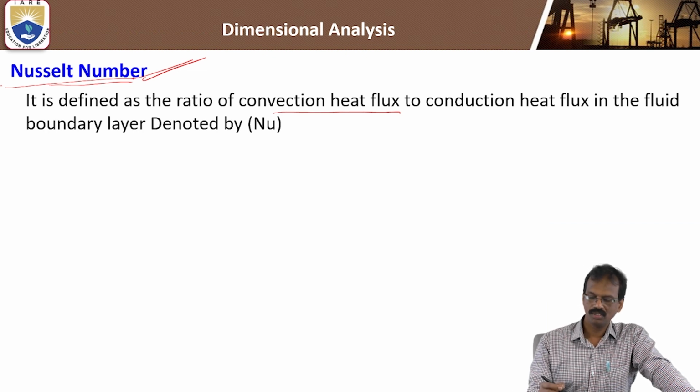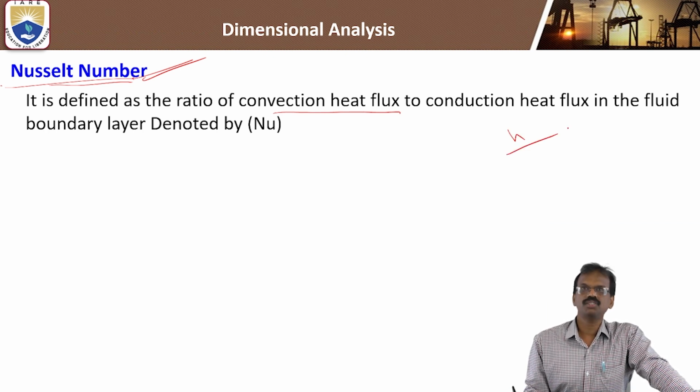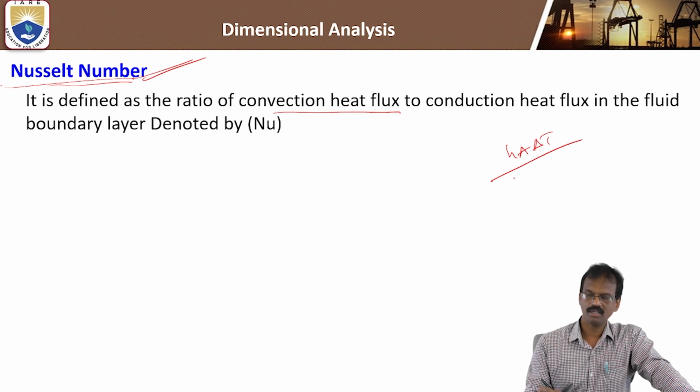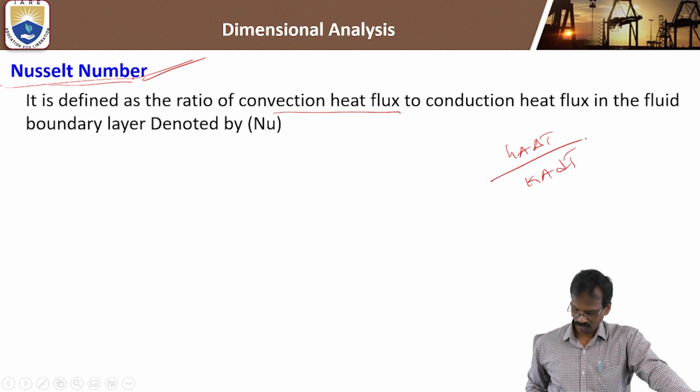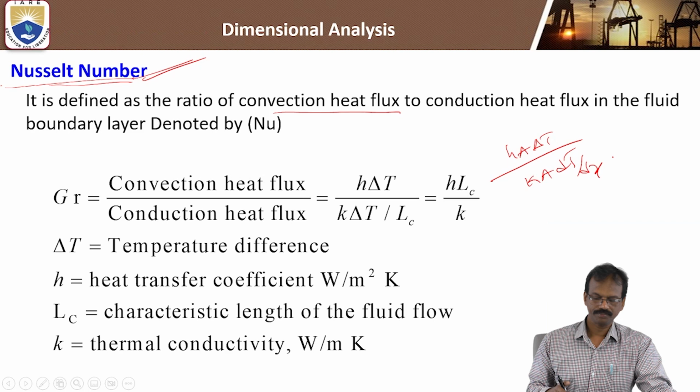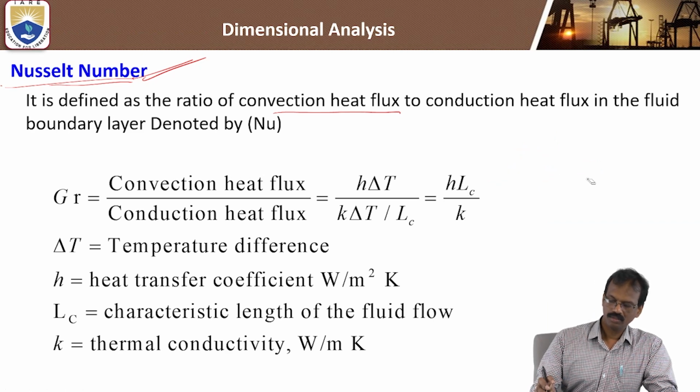Convection heat flux is related to h, and conduction heat flux is related to K. So convection by conduction: convection is equal to hA delta T, and conduction is equal to K into delta T by dx. So this is the formula we will see here, the Nusselt number.